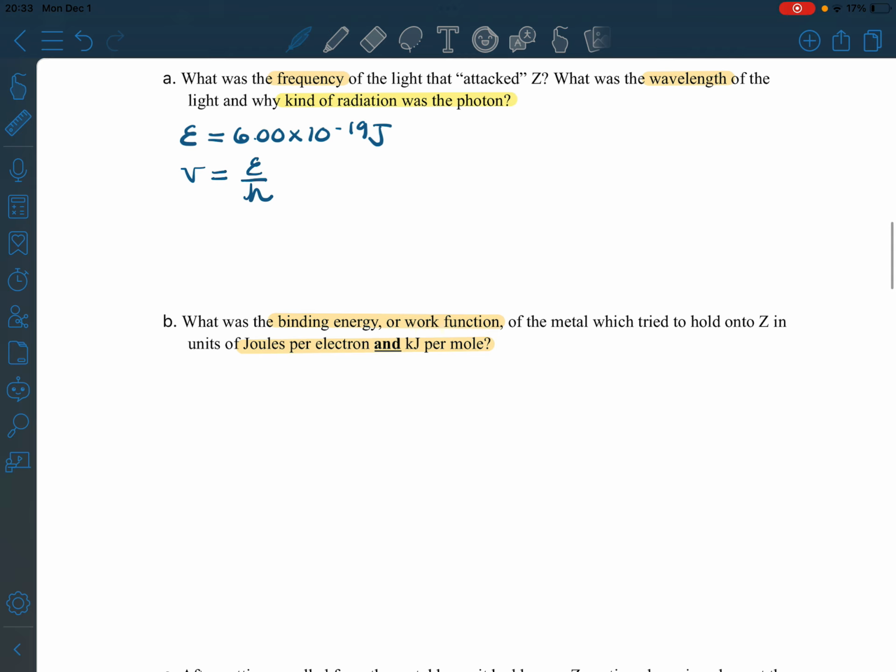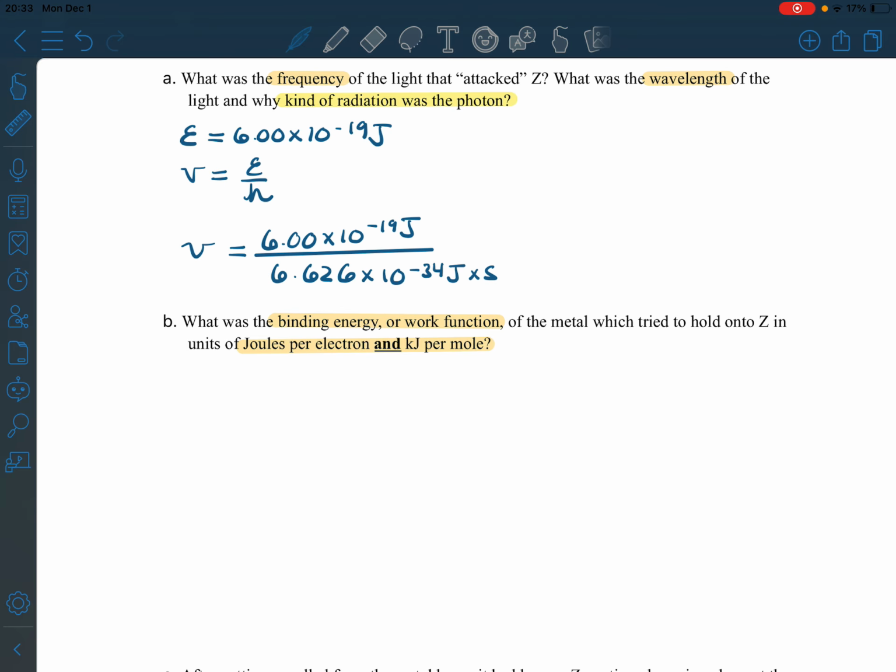So then what I can do is plug in my energy, times 10 to the negative 19 joules, all over h, which is 6.626 times 10 to the negative 34 joules times seconds.